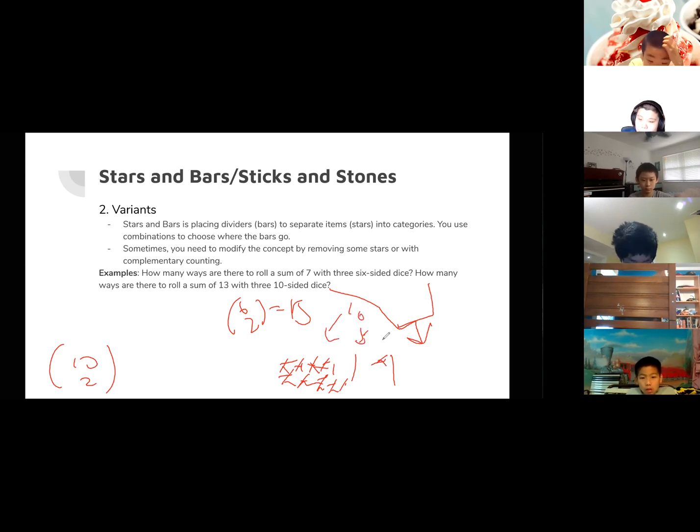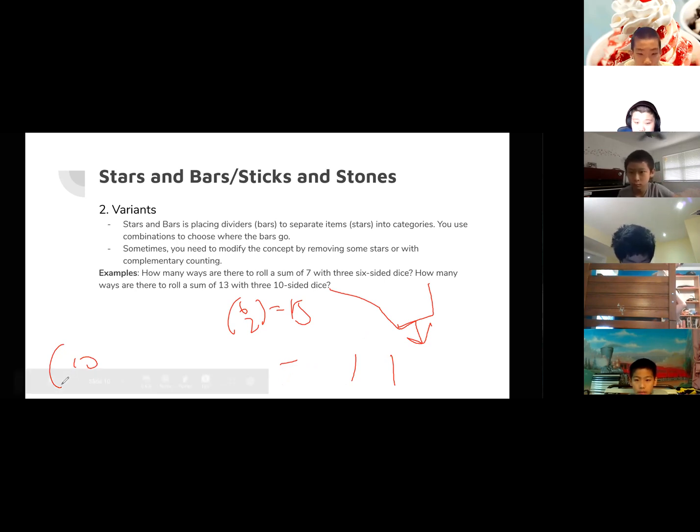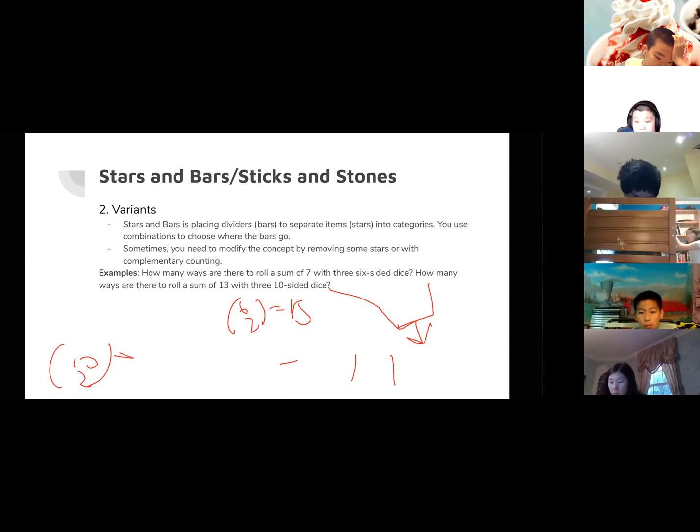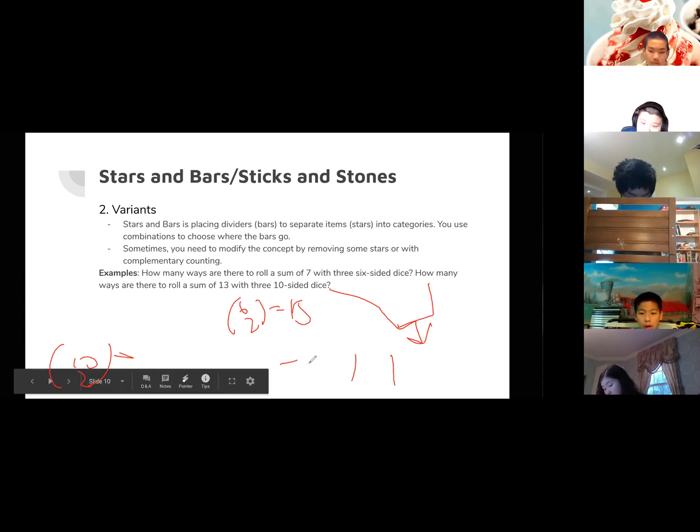It's when all 10 of them are in the same one that it fails. So this is again complementary counting: the total number of ways, minus the ways where it doesn't work. That means all of them are in the same group, so there are only three possibilities: you put them all in the first one, or the second one, or the third one.